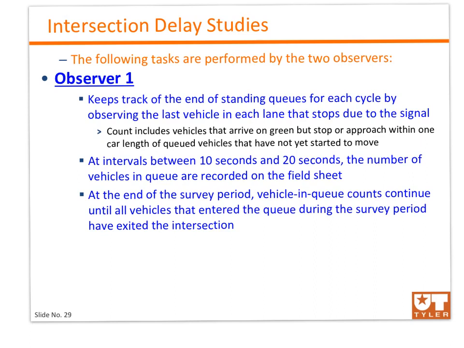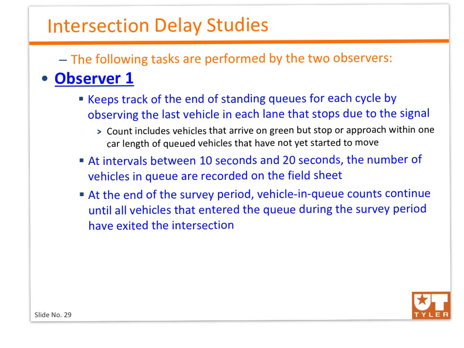Observer 1 will now start to count, and the count needs to include vehicles that arrive on green but stop or approach within 1 car length of queued vehicles that have not yet started to move. Observer 1 will do the measurements at intervals between 10 and 20 seconds. The number of vehicles in queue is recorded on the field sheet.